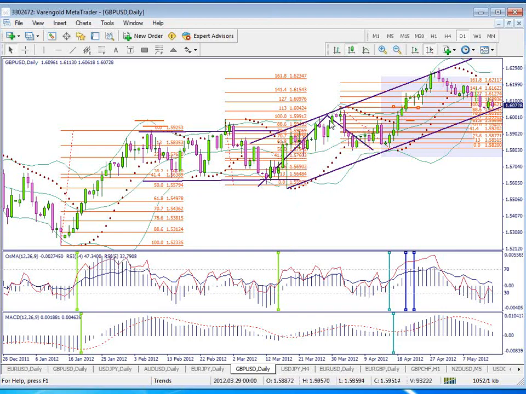When you have the first wave, you can also use Fibonacci for the next wave. You have here a signal for sell. So all the waves can be, and also you have something like fractals.